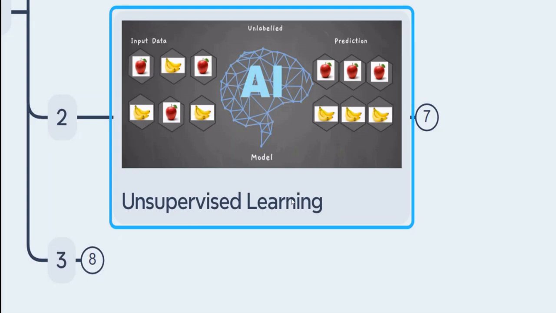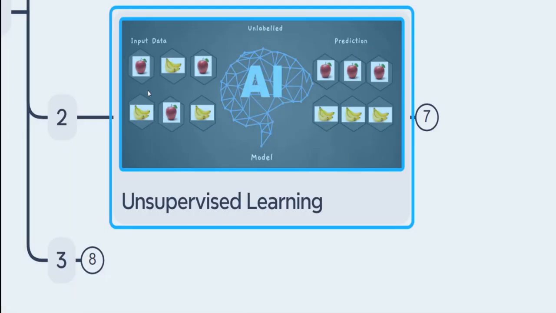The second type we are having is unsupervised learning. In unsupervised learning, we will pass the input data without the label. So without the label, how will our model understand?